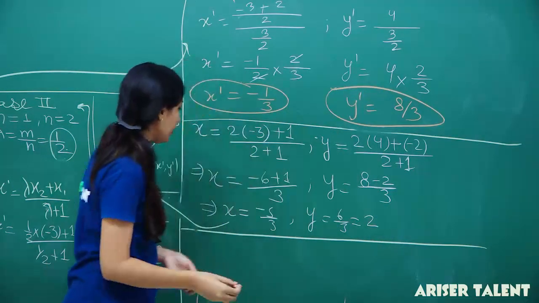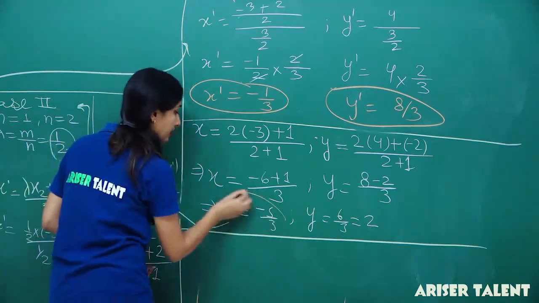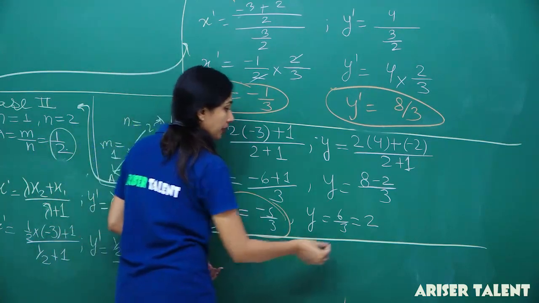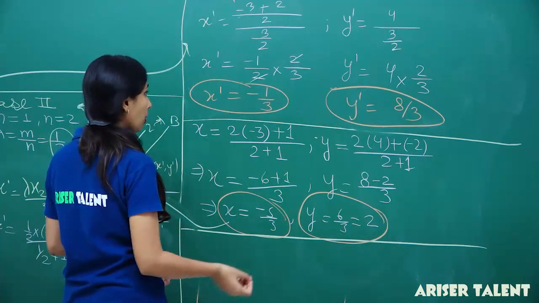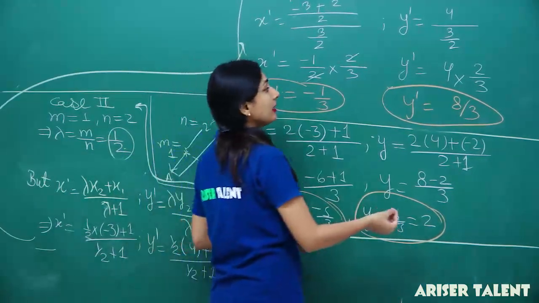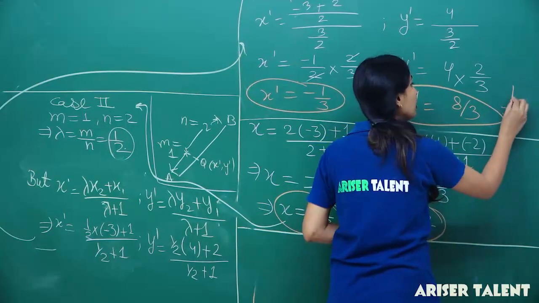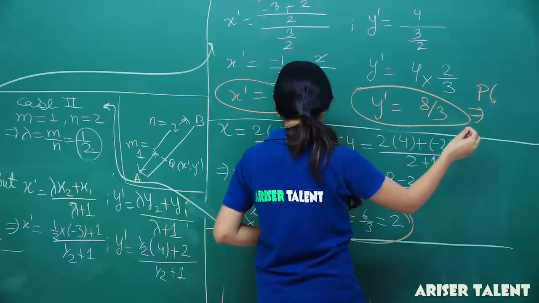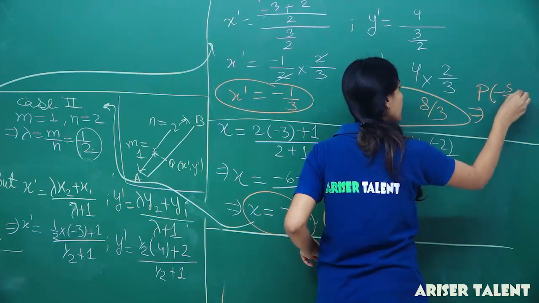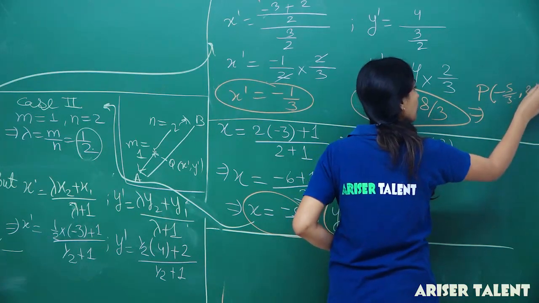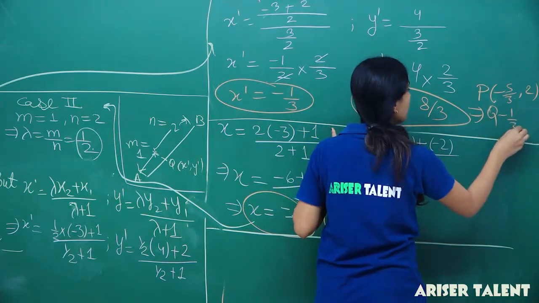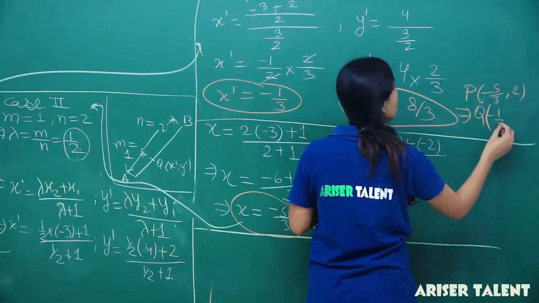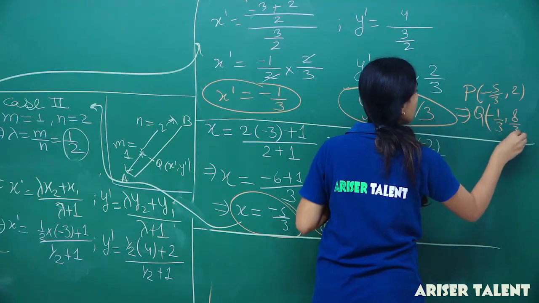Now here we are having these values, x equals minus 5 by 3, y equals 2, right. So in short, can I summarize it? We are having this point P minus 5 by 3 and 2, and I am having this point Q equals minus 1 by 3 and 8 by 3.